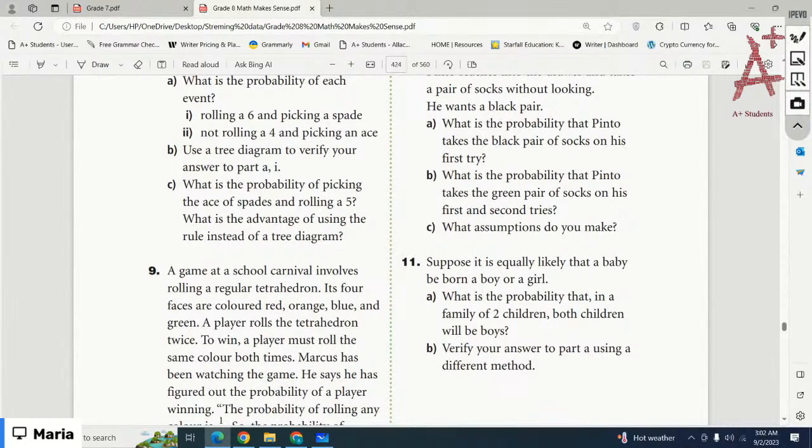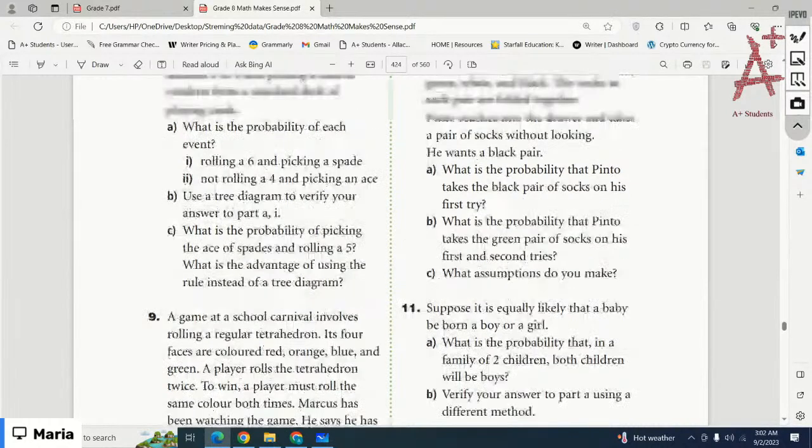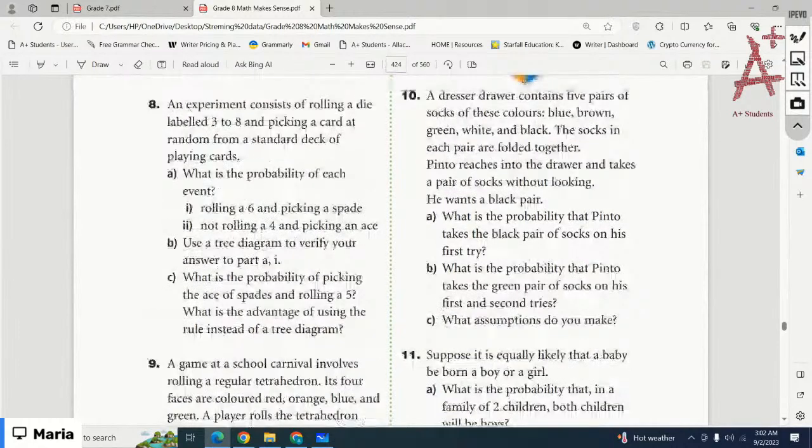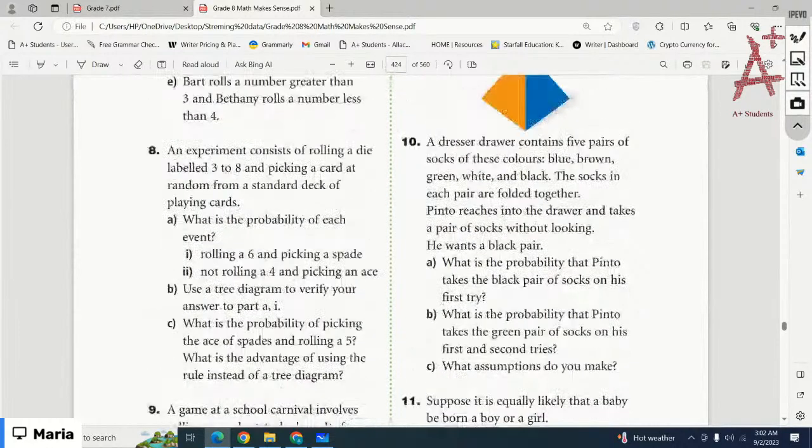Okay, question number 10. A dresser drawer contains 5 pairs of socks of these colors: brown, blue, green, white, and black.